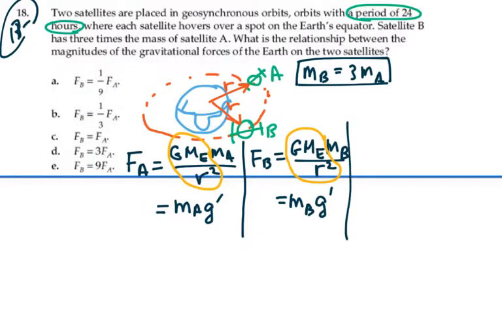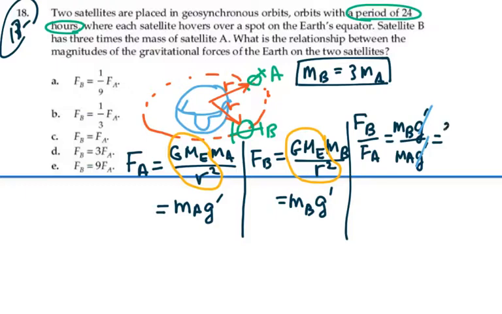So if we took the ratio of these two forces, force of B divided by the force of A, that would be equal to the mass of B times g over the mass of A times the same g. The g's cancel out, and so the ratio of these forces is the ratio of the masses.